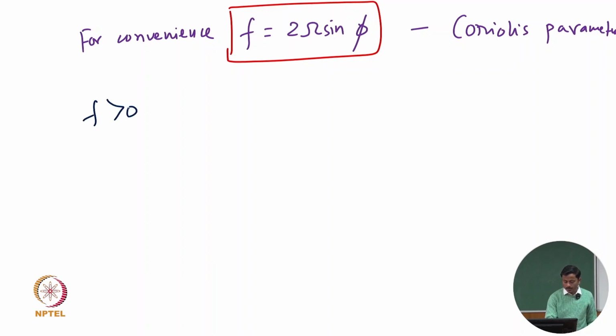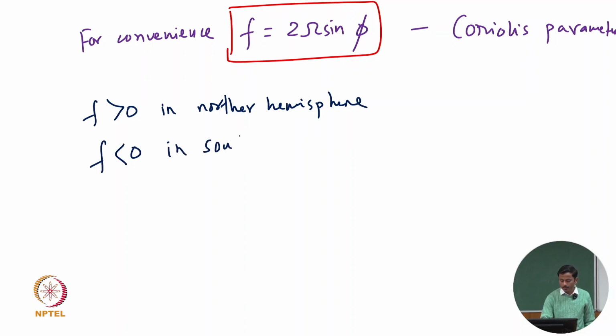So f is greater than 0 in the northern hemisphere. f is less than 0 in the southern hemisphere, and f is 0 at the equator.